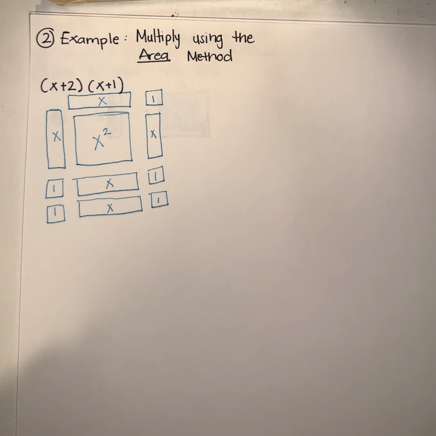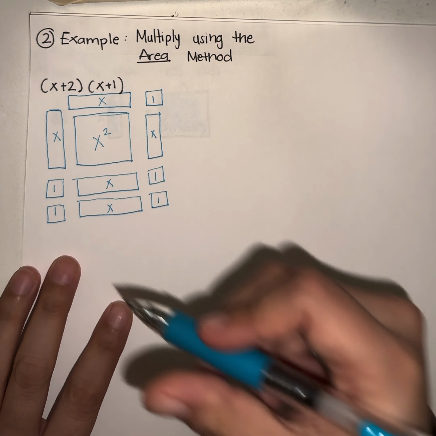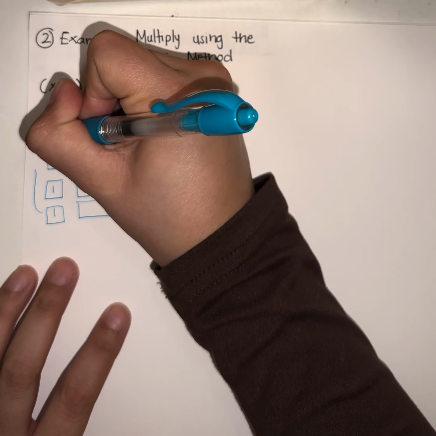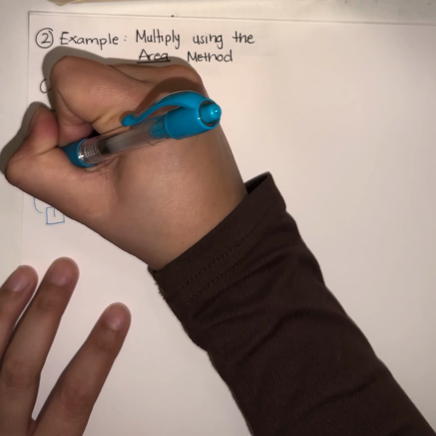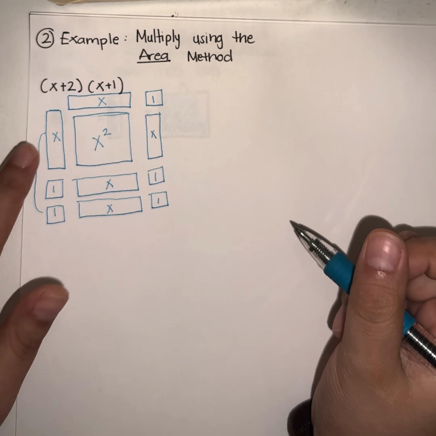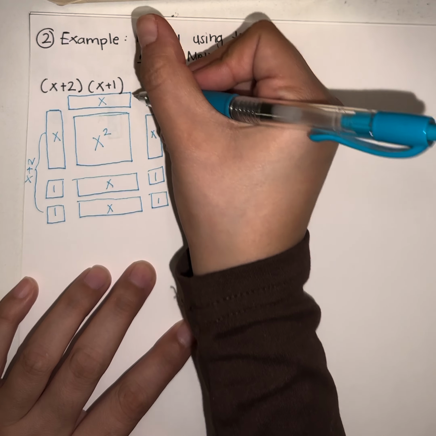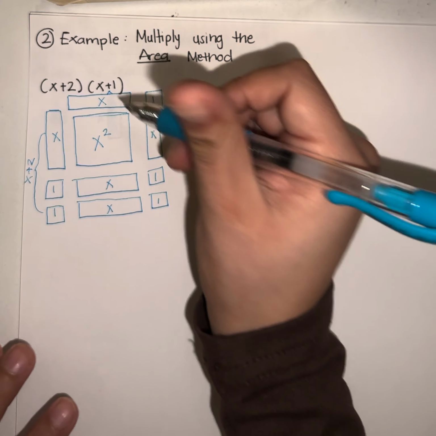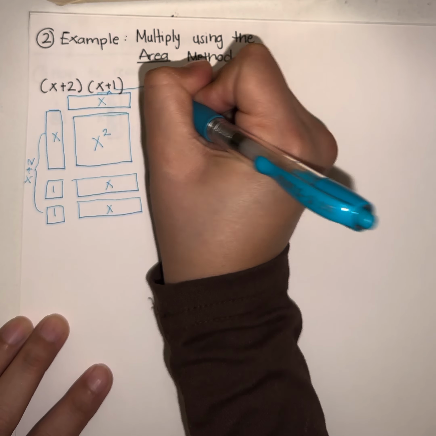Okay, now that we have this figure, I'm just going to make a little parentheses note here. This represents x plus 2, as I was mentioning, and then over here, this one represents x plus 1.